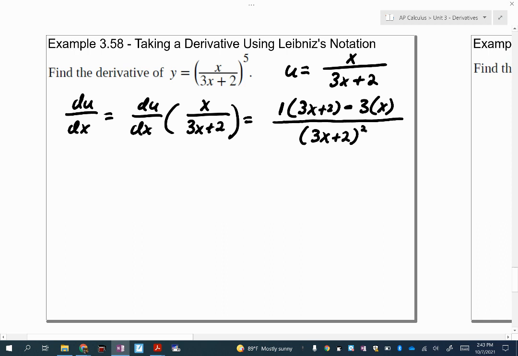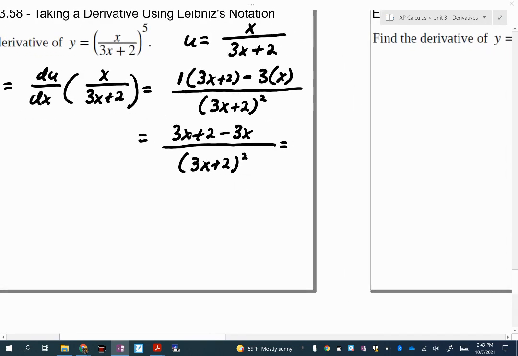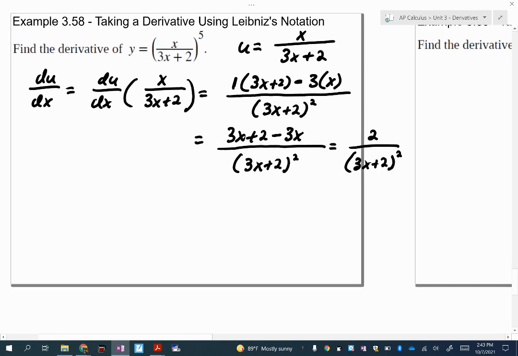So 3x plus 2 squared. Clean that up a little bit. We're going to get 3x plus 2 minus 3x over 3x plus 2 squared. And the 3x's are going to make 0, so you get 2 over 3x plus 2 squared. So that is du over dx.